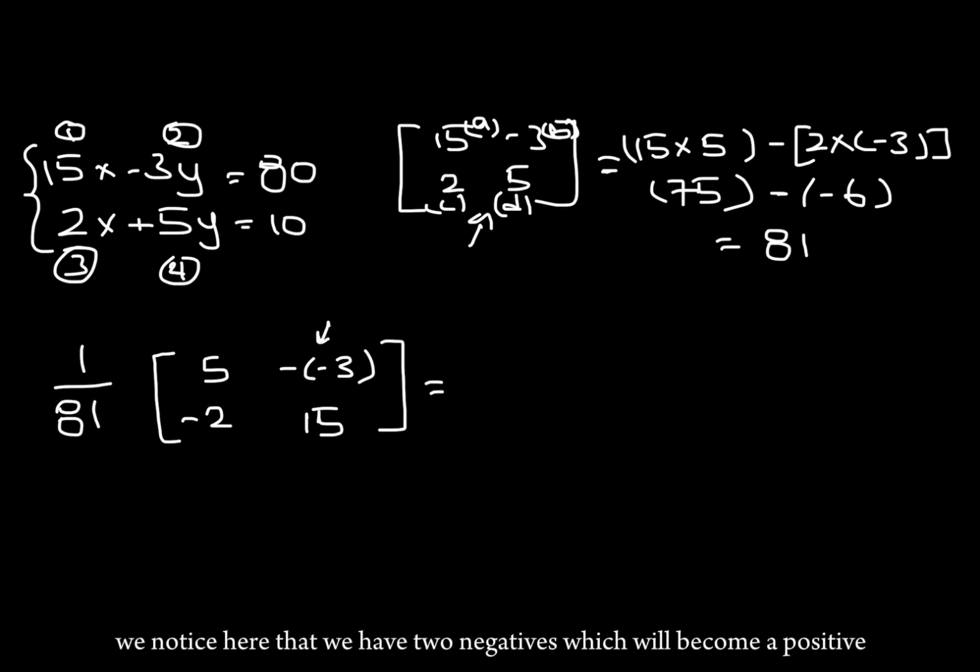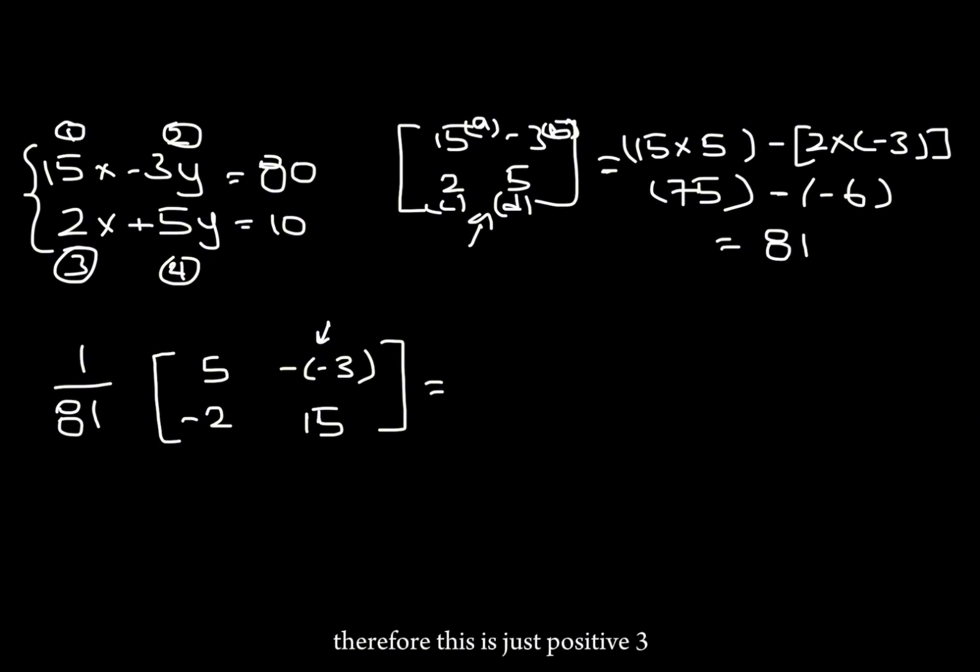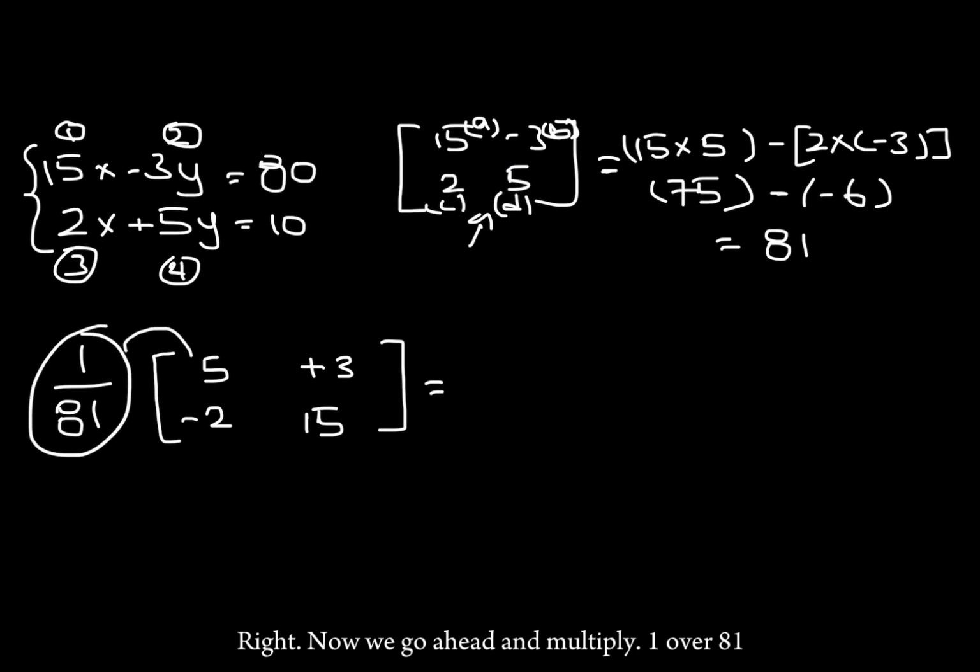We notice here that we have two negatives, which will become a positive. Therefore, this is just positive 3. Right, now we go ahead and multiply. 1 over 81 multiplied by 5 is 5 over 81.